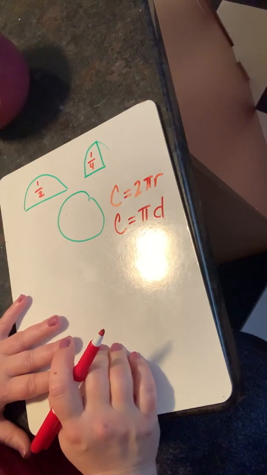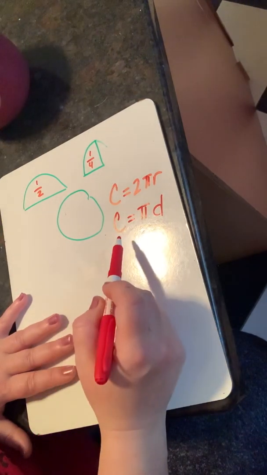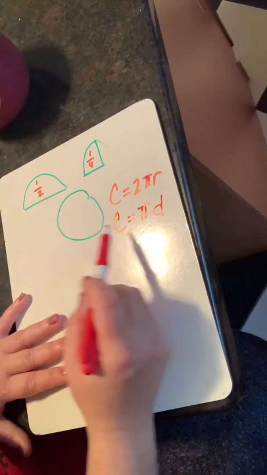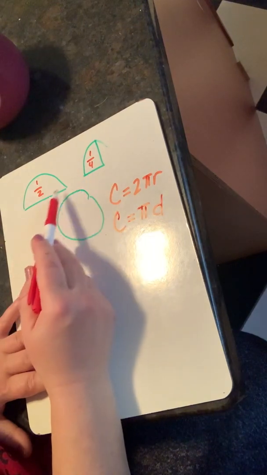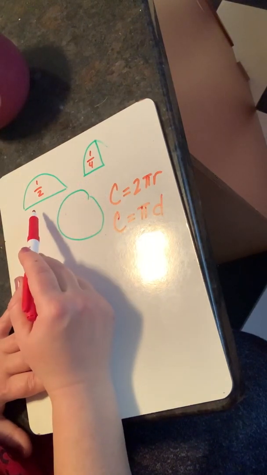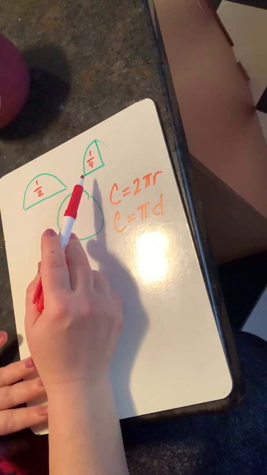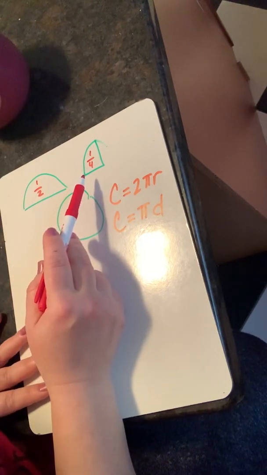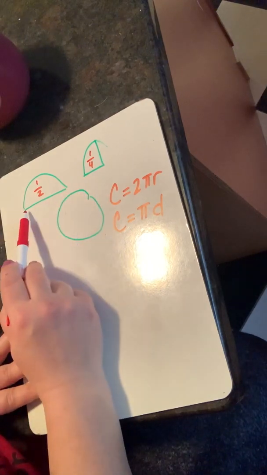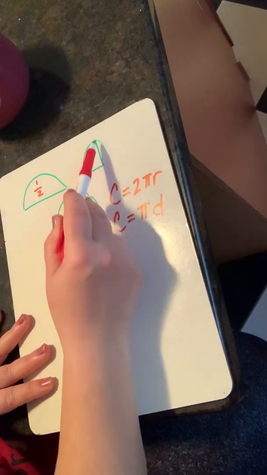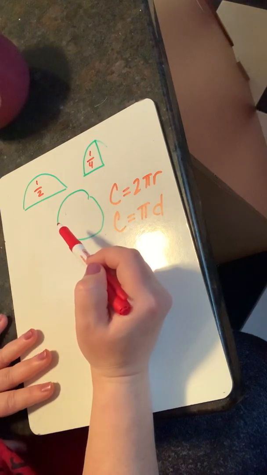So that's our starting point. Once we figure out the circumference of the circle, then we can figure out the perimeter of half a circle, or the perimeter of a quarter of a circle. We're calling it a perimeter because we are going to have straight edges of our shape.